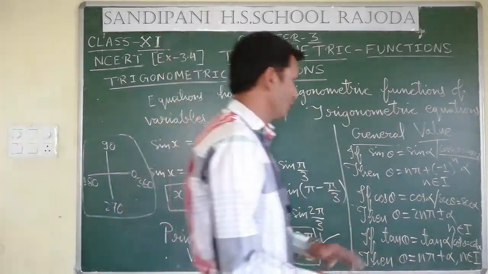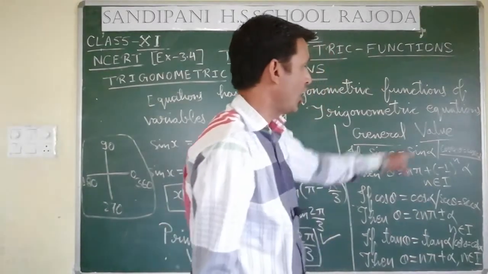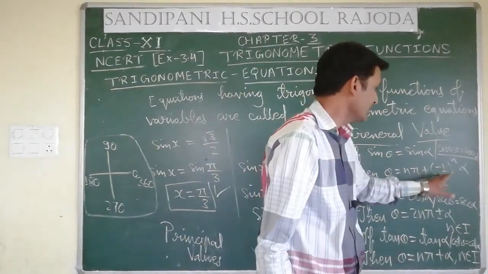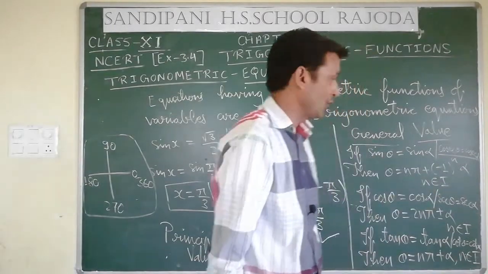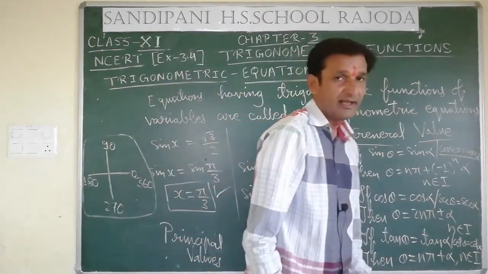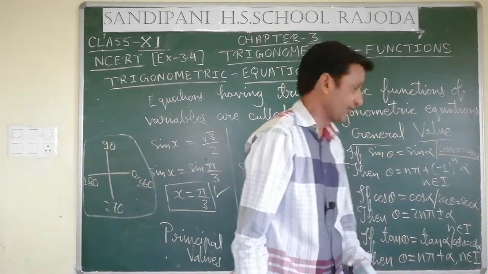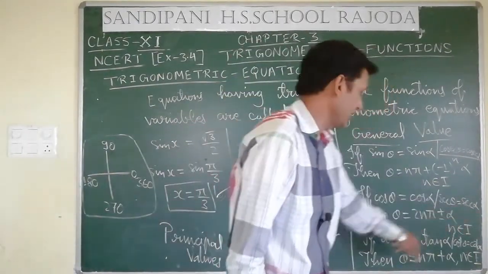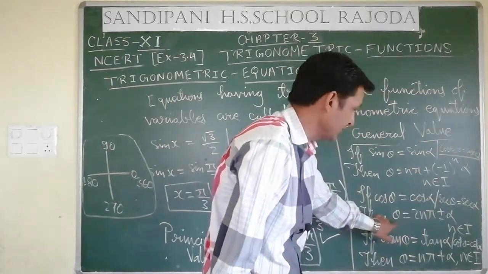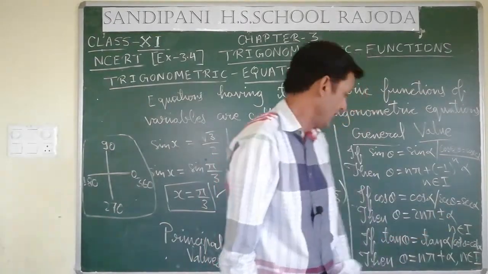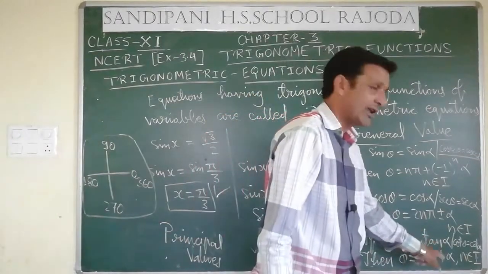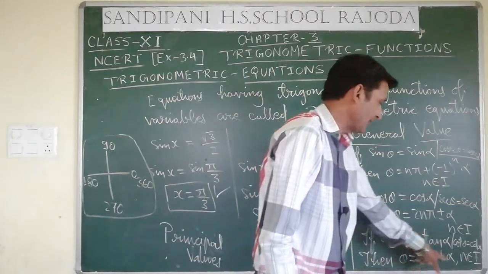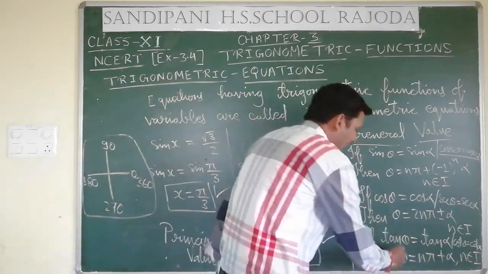So we may conclude that if sin theta is equal to sin alpha or cosec theta is equal to cosec alpha, then theta is equal to n pi plus minus 1 raised to the power n into alpha, where n belongs to integers. If cos theta is equal to cos alpha or sec theta is equal to sec alpha, then theta is equal to 2n pi plus minus alpha. And if tan theta is equal to tan alpha or cot theta is equal to cot alpha, then theta is equal to n pi plus alpha.